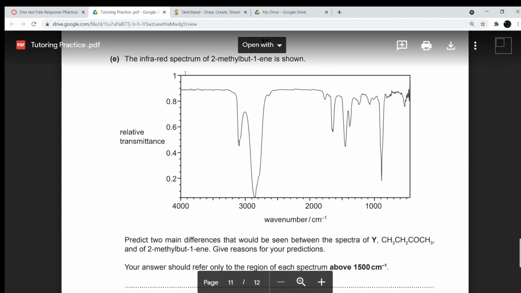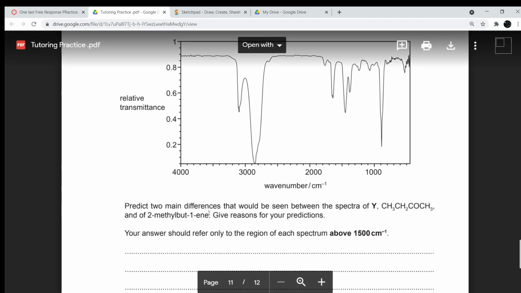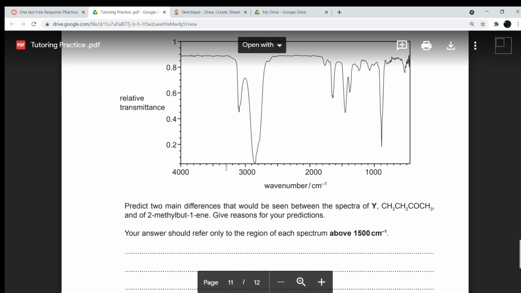Next, E. Oh man, we got an infrared spectrum. And it's saying 2 differences between Y and butene. It's asking us only to be concerned about the spectrum above 1500.